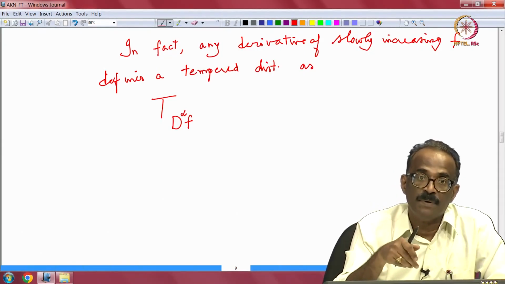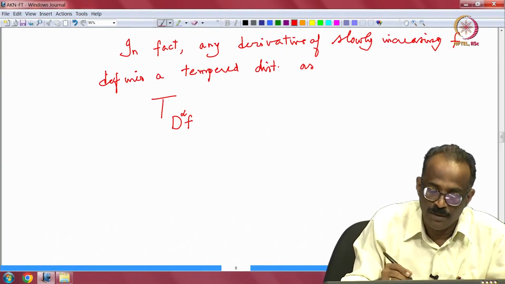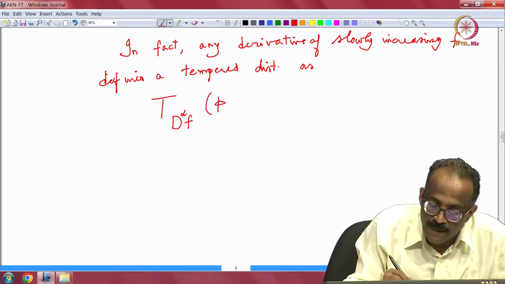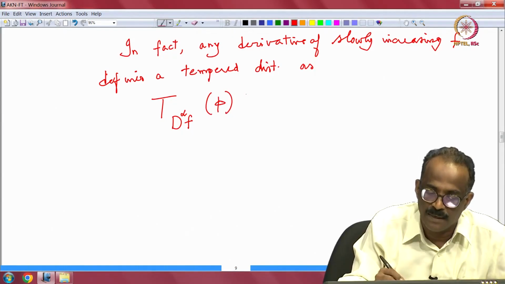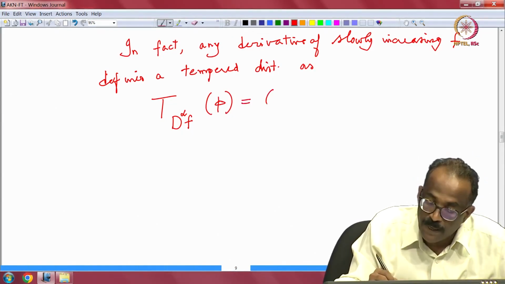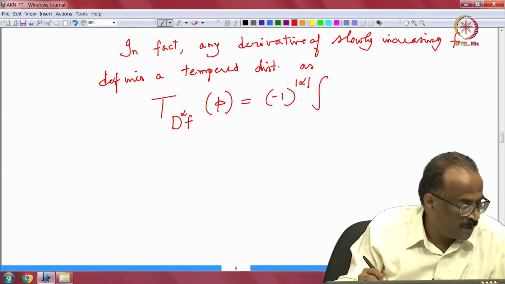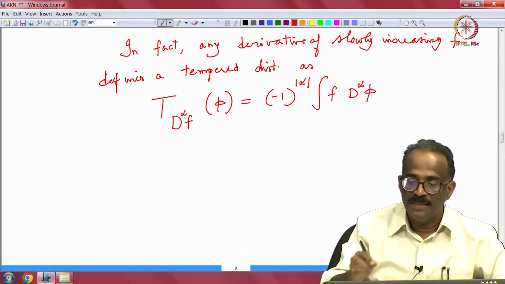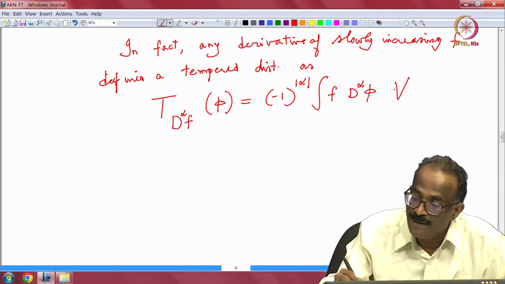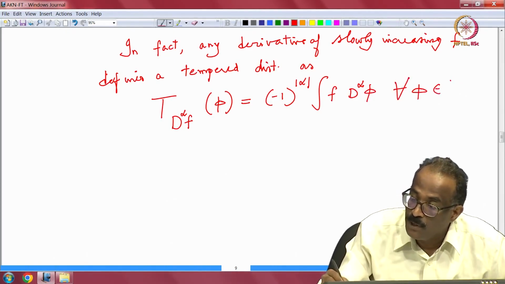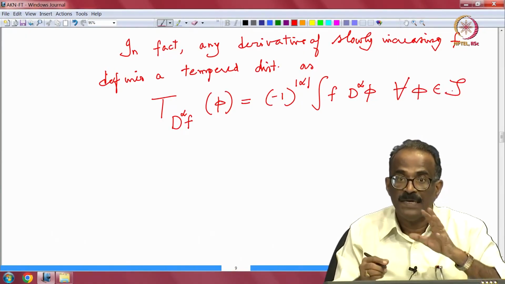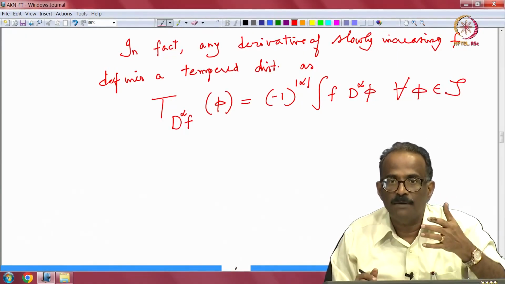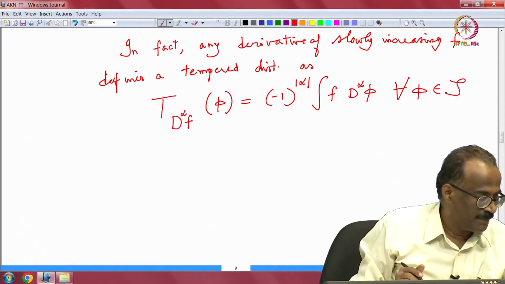It is defined as a distribution given by (-1) power mod alpha times the integral of f times D power alpha of phi. You can verify immediately that it is a tempered distribution, defined for all phi in the Schwartz space, not just for phi in D.